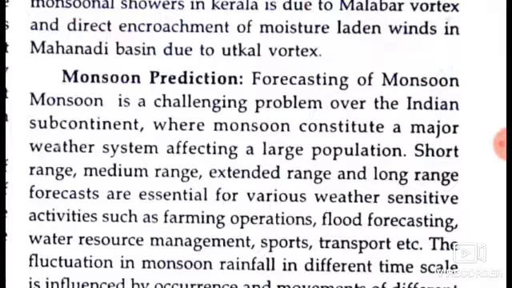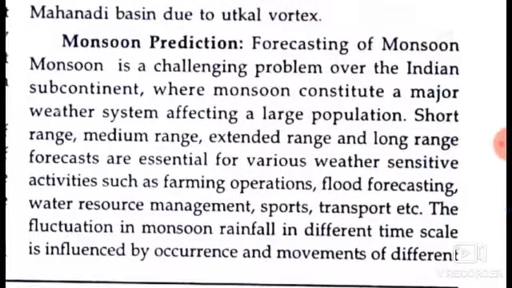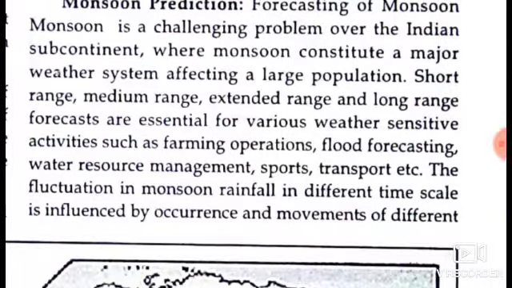Forecasting of monsoon is a challenging problem over the Indian subcontinent, where monsoon constitutes a major weather system affecting a large population. Short range, medium range, extended range and long range forecasts are essential for various weather sensitive activities such as farming operations, flood forecasting, water resource management, sports, transport, etc.